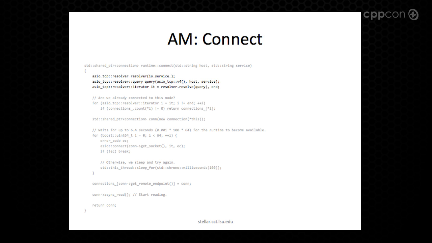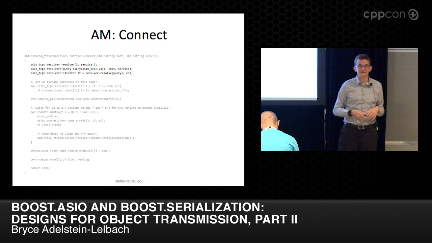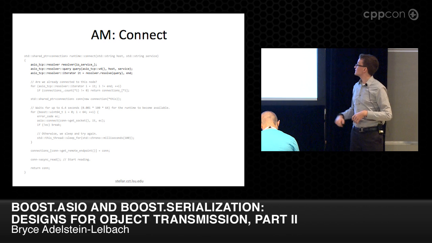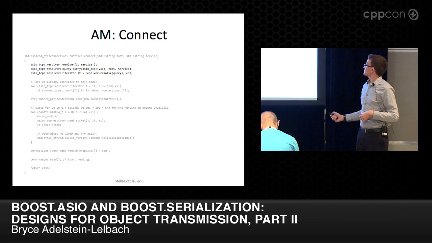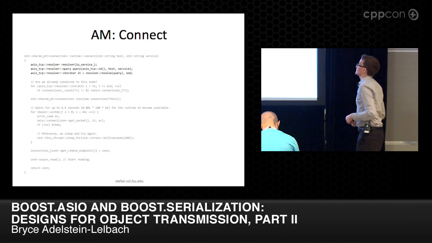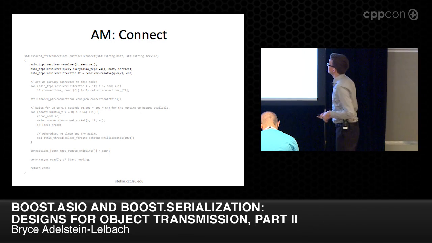So here we've got our resolver. Usually I'm just going to pass in IP addresses, so I don't really have to worry about any DNS resolution, but maybe you want to. This is the class that's going to deal with this. You can pass in just localhost or an IP address, and it'll deal with that as well.